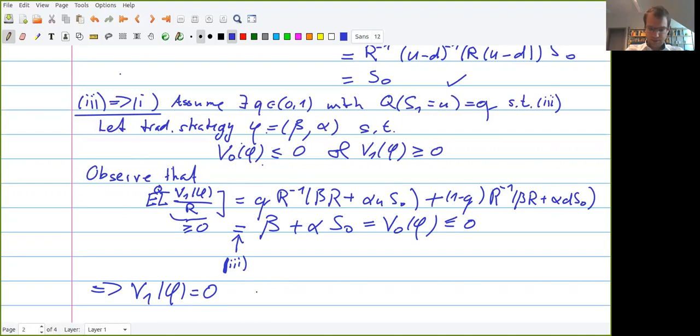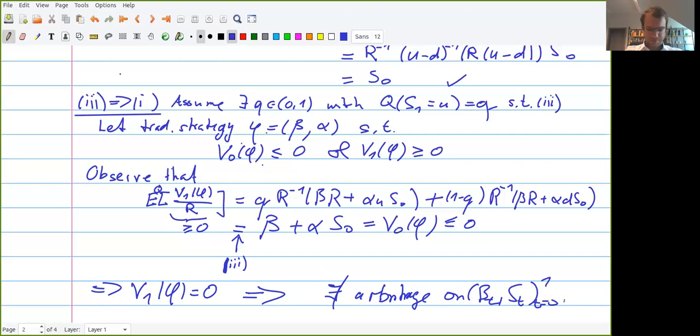And this means there exists no arbitrage on S, S0.